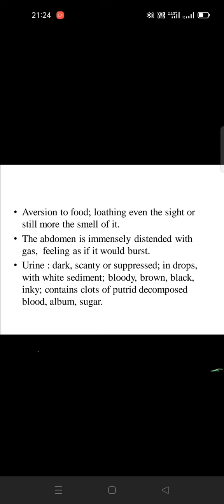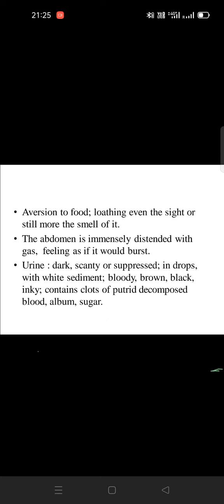And another symptom, urine dark, scanty or suppressed, in drops with white sediment, blood brown, black, inky, contains clots of putrid decomposed blood, albumin and sugar. But in which disease condition will we find scanty or suppressed urine?